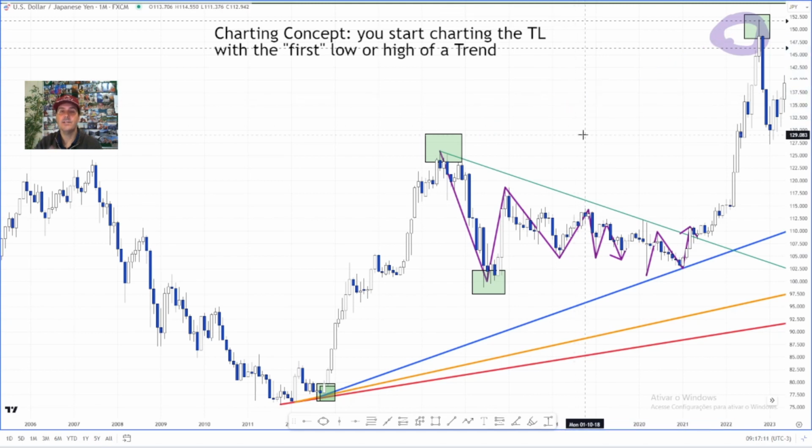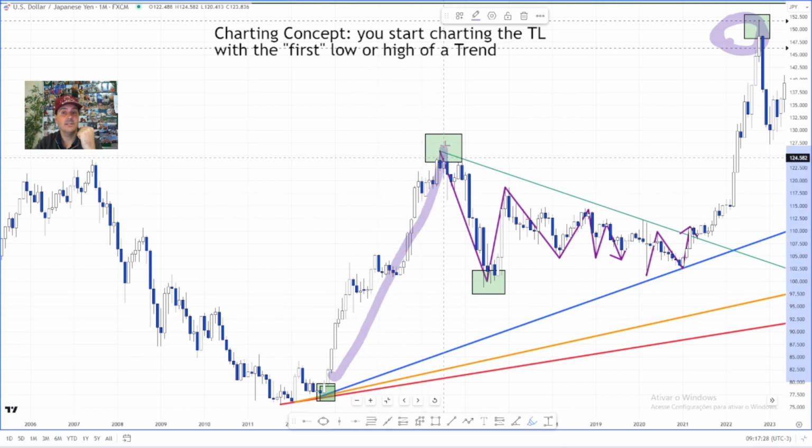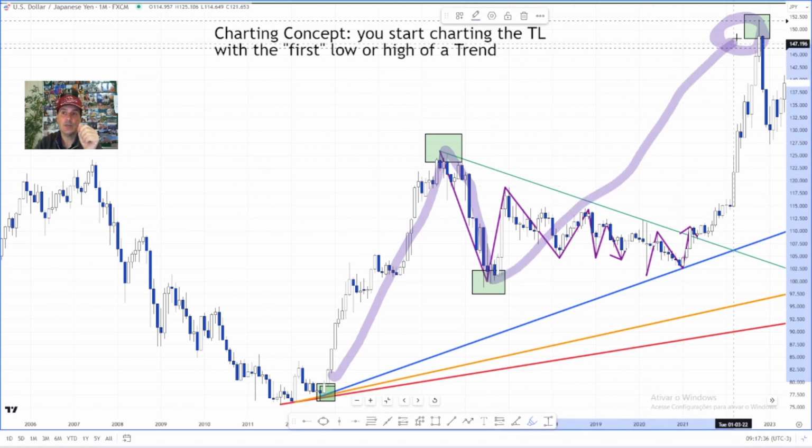And asking the same question: does the blue trend line confirm the uptrend? Yes, it does. Low to high, high to low, that's the low, that's the lower low, that's the relevant low, and then low to high.